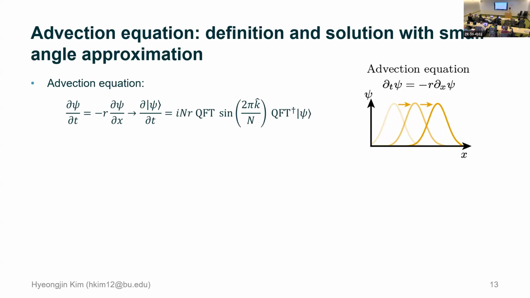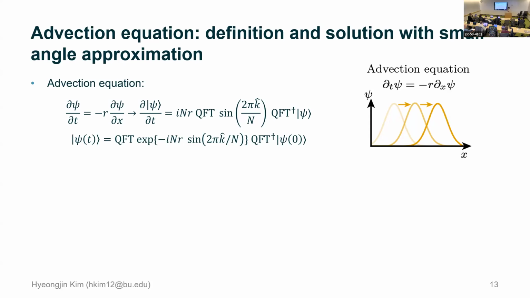So here's the actual main thing: when you represent this PDE in quantum language, we once again use the derivative operator in this new representation, and you can see that to solve this, you just need to exponentiate the thing in the middle.